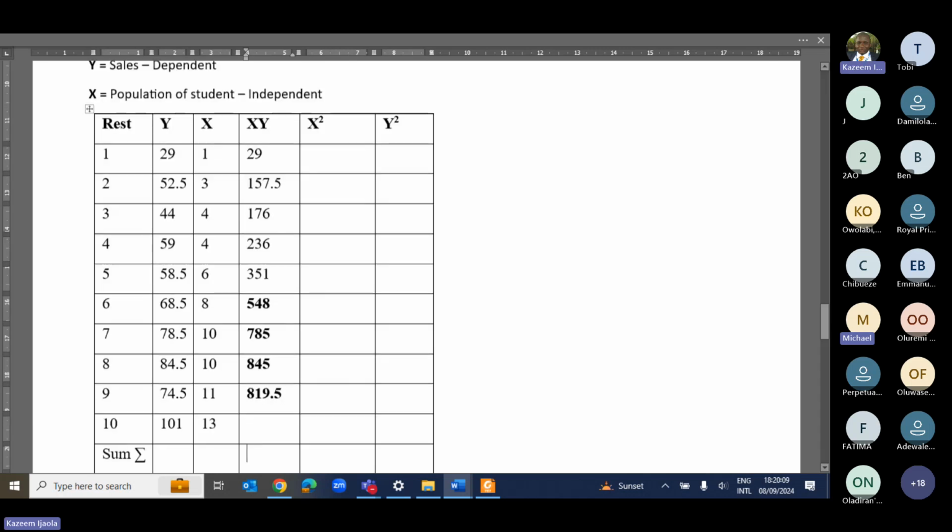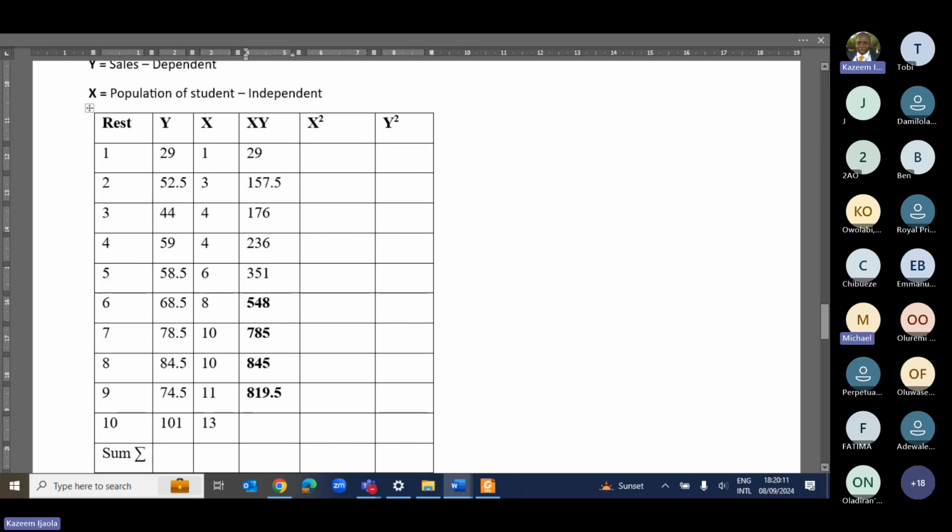Don't approximate, please. 101 times 13 is 1313. If you approximate, your sum of squares will not be 0.